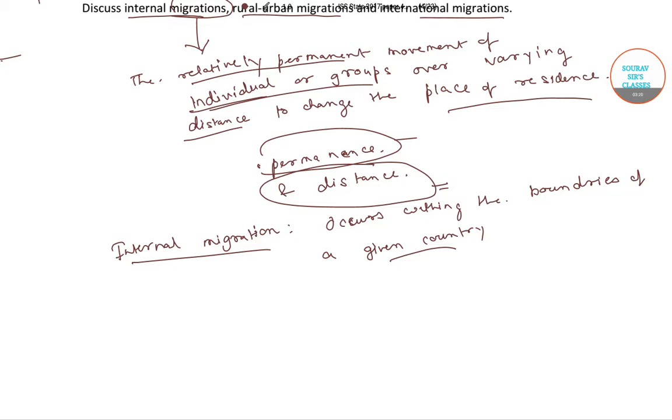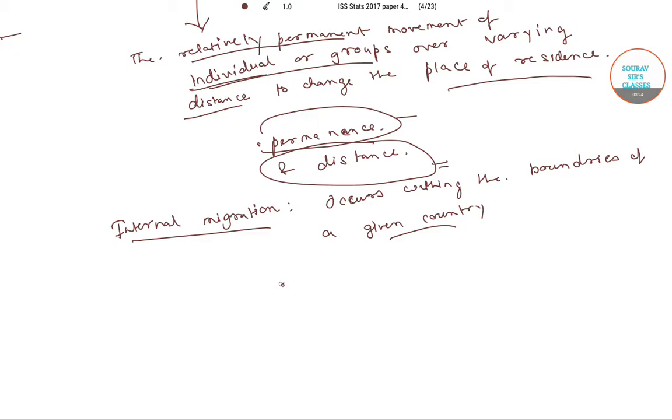Now for this internal migration, there are many reasons. These reasons can be economic, social, political, environmental, and so on.